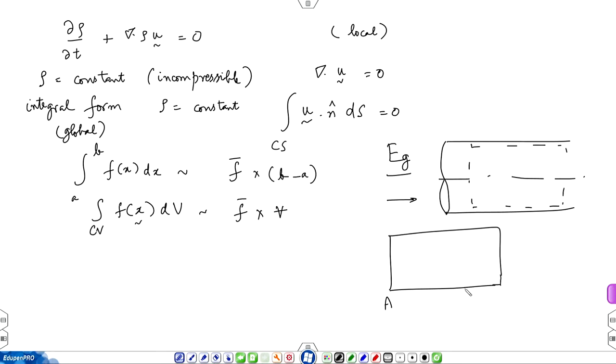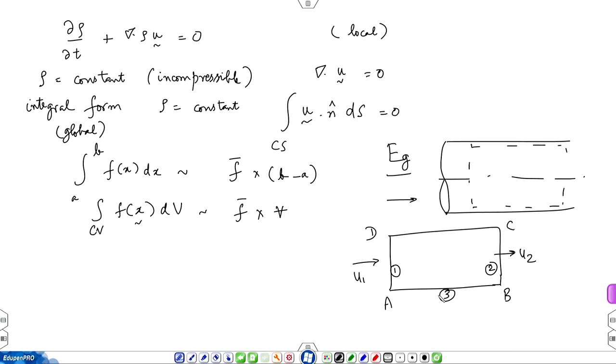So, let me call the corners A, B, C, D. So, the left hand side, this plane is a flow u 1. So, this is plane 1, this is plane 2, and flow going out is u 2, and the wall which is around is 3.